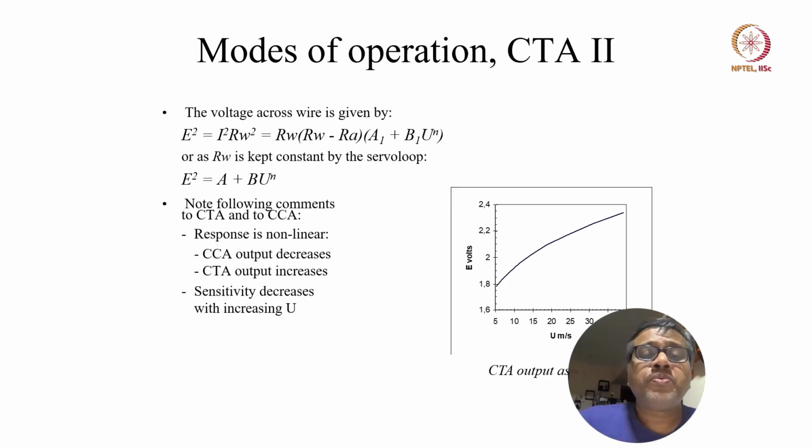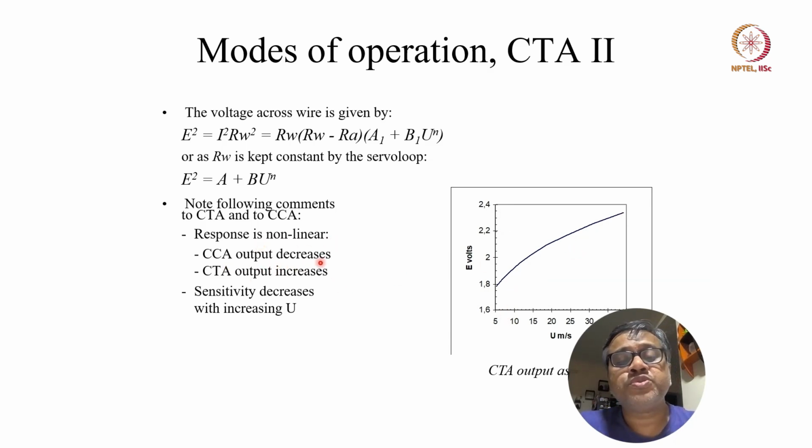Okay. So in the mode of operation, the voltage across the wire is given by the velocity. Because you are keeping Rw constant by the servo loop, E square is given as A plus B Un. Therefore E and U are related by this expression, so the response is non-linear.